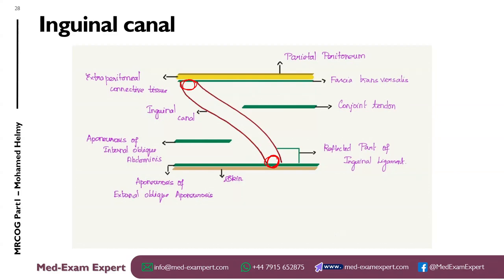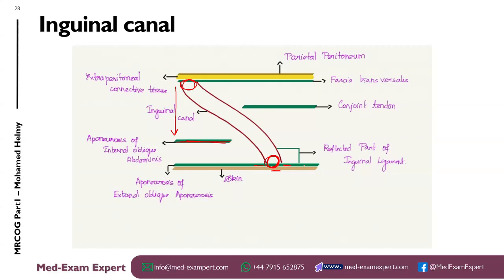The canal anteriorly is bounded by the skin and the aponeurosis of the external oblique, and we also have a reinforcement laterally by the internal oblique. This reinforcement is just opposite the deep inguinal ring, so it gives more power to this ring to avoid herniation of any content.